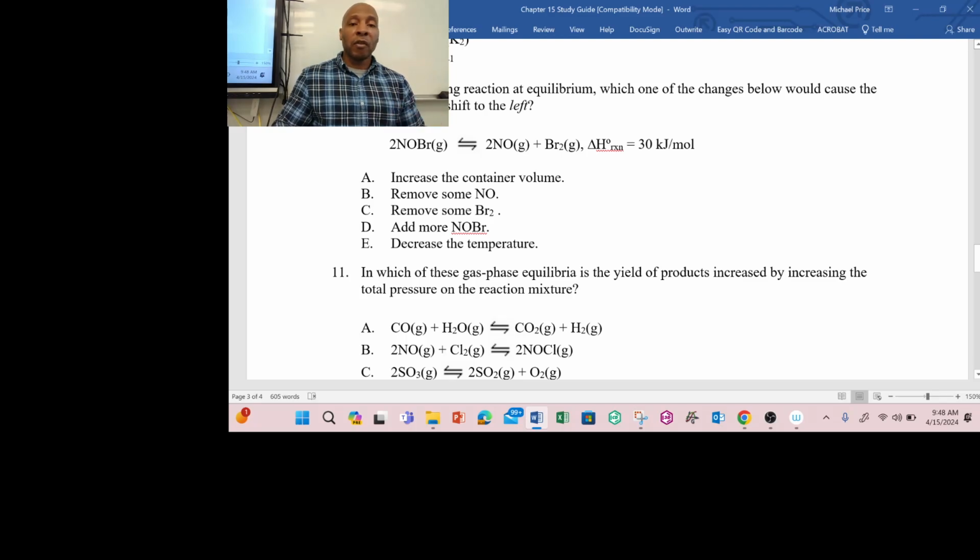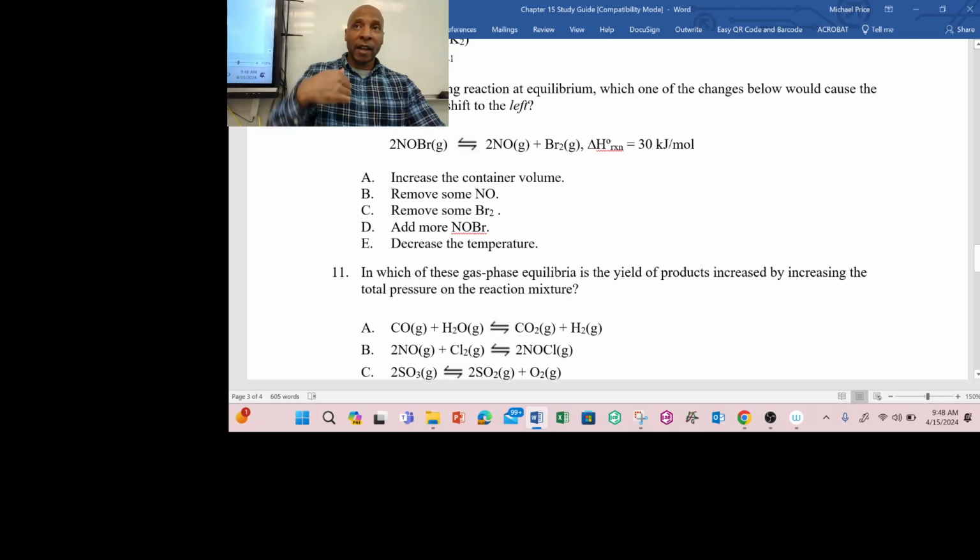So you go ahead and find delta n. Well, you don't have to find delta n. I have more moles of product gases, right? I have 3 on the right and 2 on the left. So in order to increase the pressure, it's going to shift to the product side, the side where more moles of gases are. Y'all follow me?